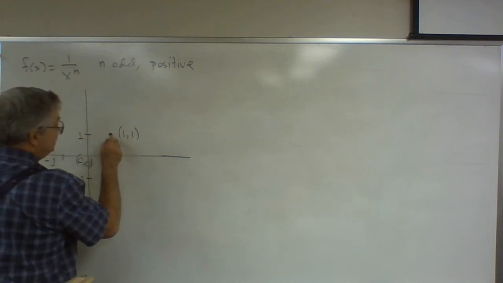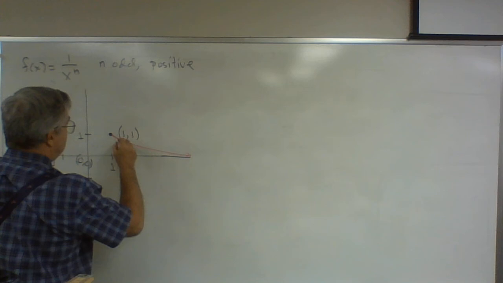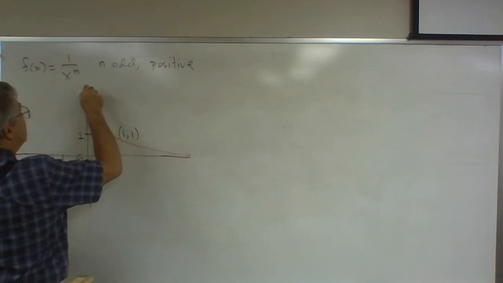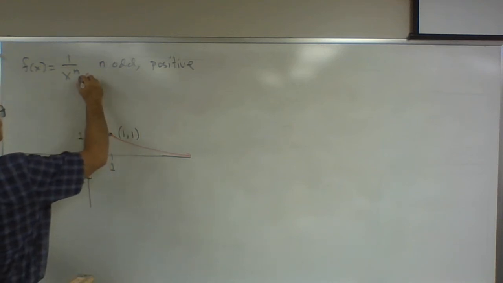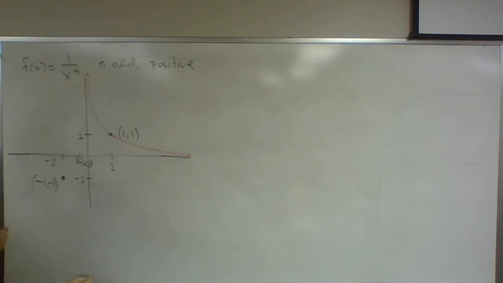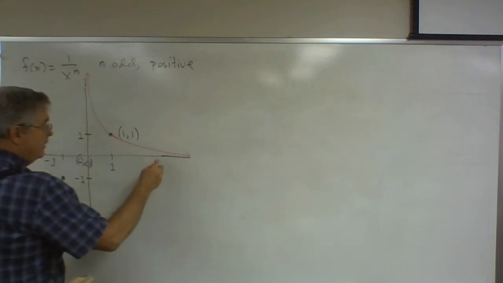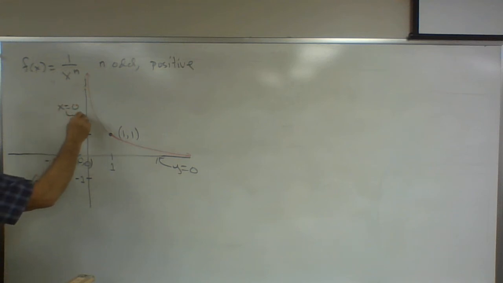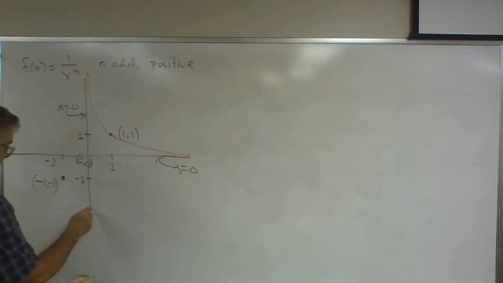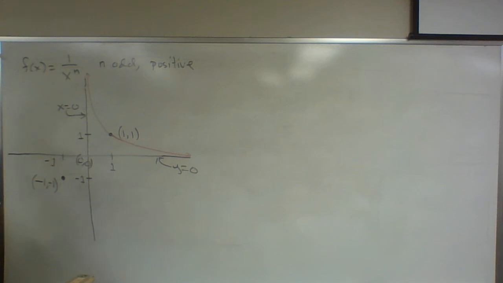This is what the graph looks like. And notice that the y-axis is a vertical asymptote and the x-axis is a horizontal asymptote. The same thing happens to this portion of the graph to the left of the y-axis. The y-axis is a vertical asymptote.